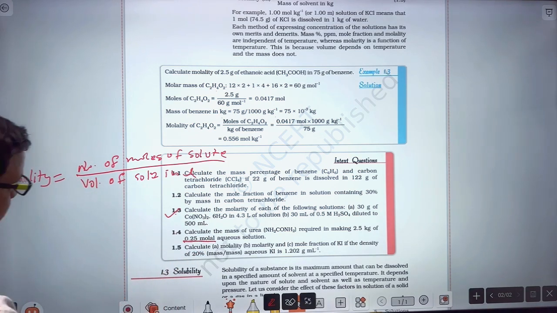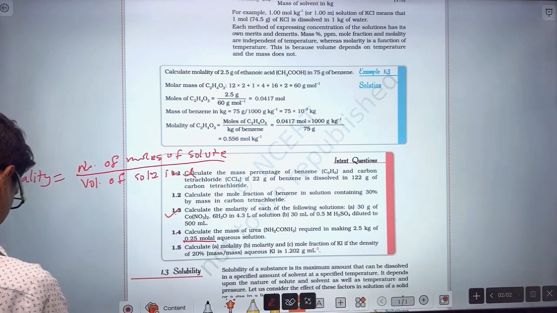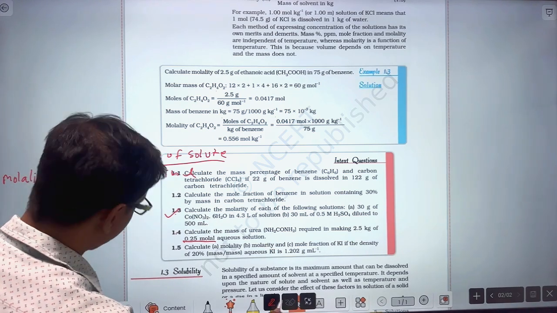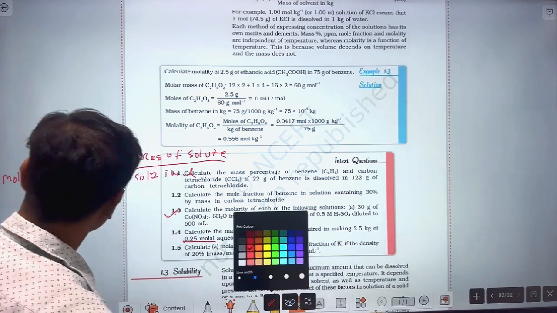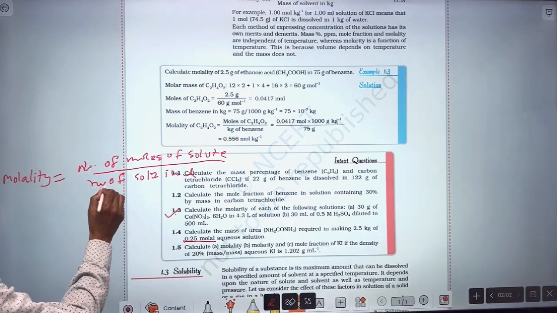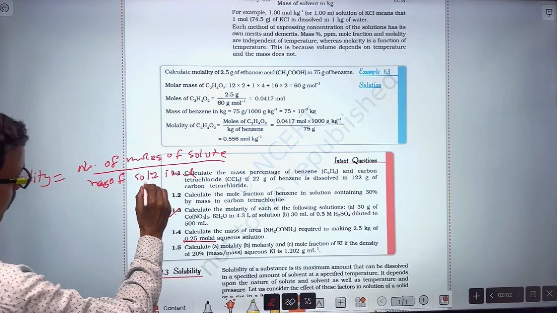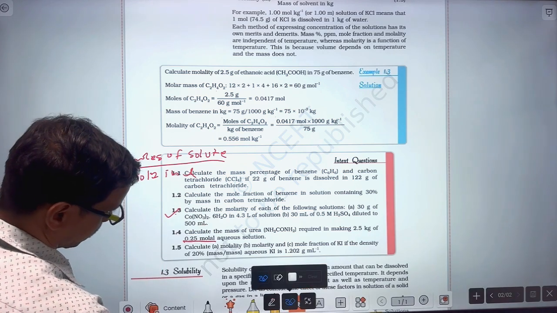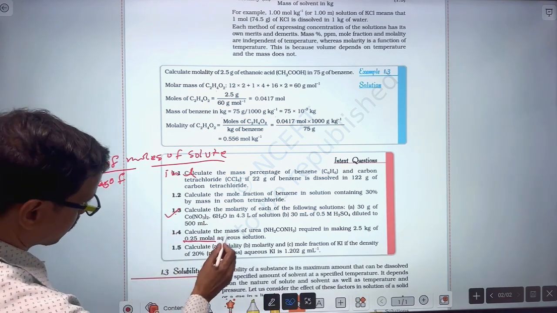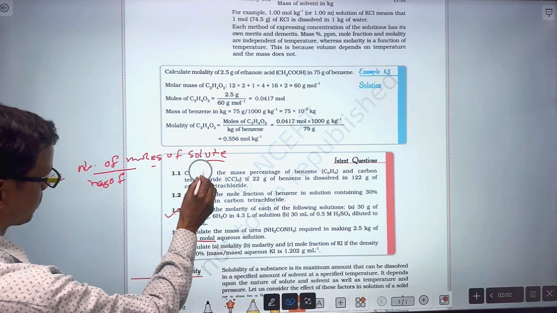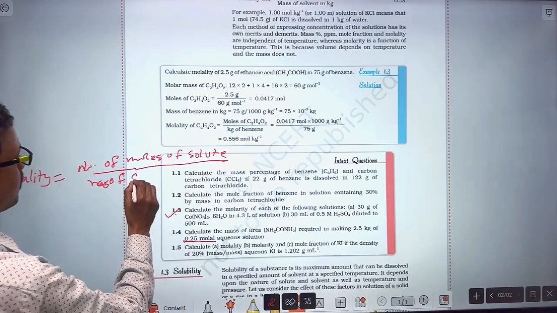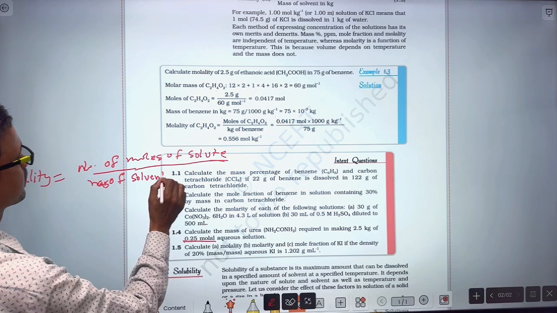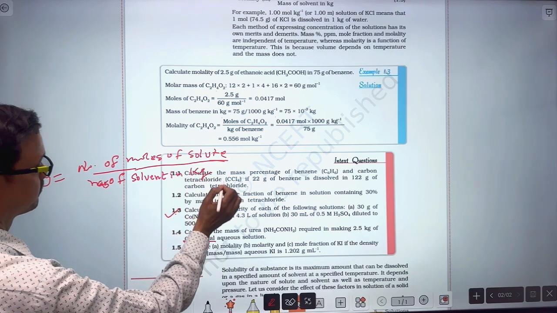Oh, sorry, here not volume, here mass. Here will be mass of solvent in kg. Mass of solvent, not solution, solvent, because it's molality, not molarity. So that will be that upon mass of solvent in kg.